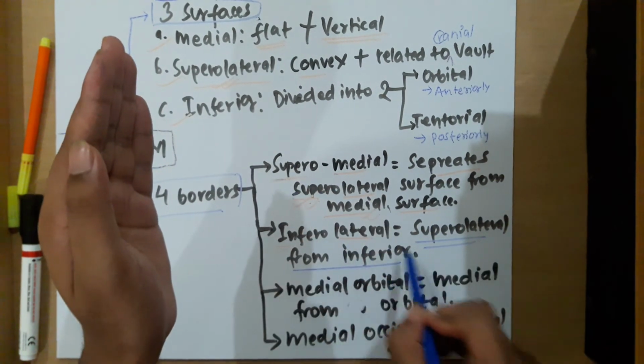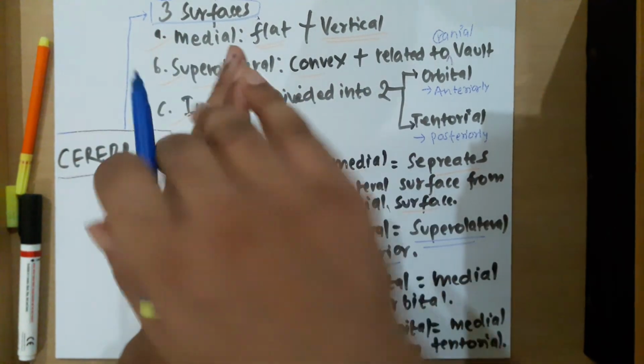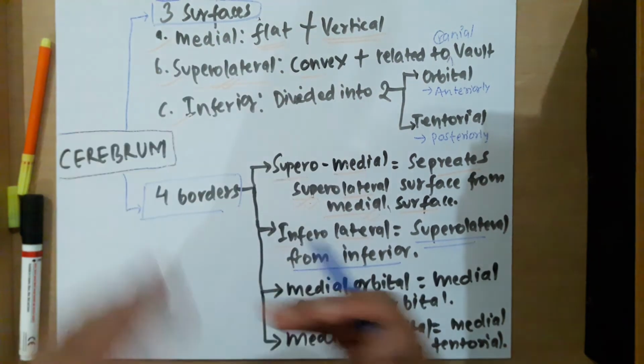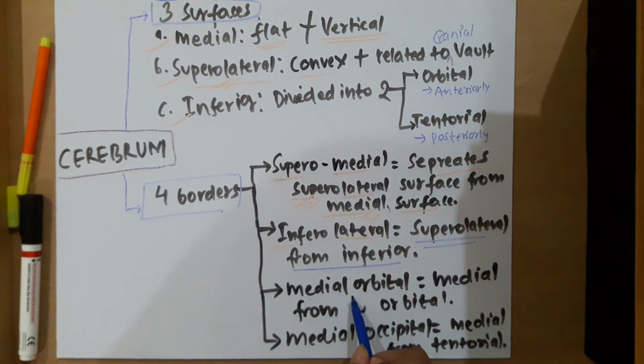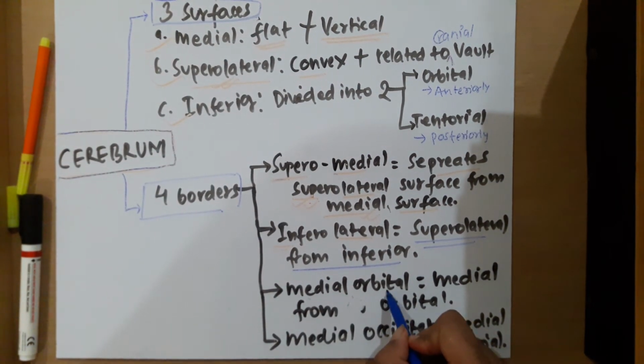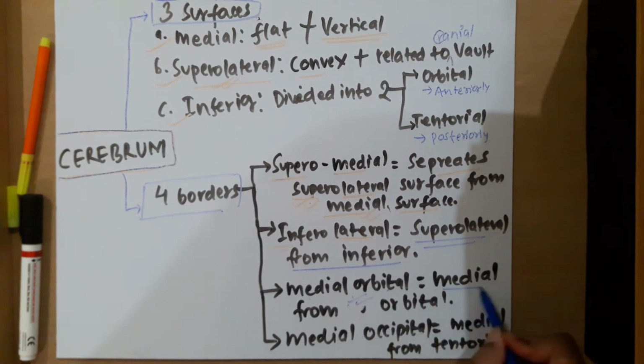Opposite of superomedial is the inferolateral border, which separates the superolateral surface from the inferior surface. The medial orbital border separates the medial surface from the orbital surface, and the medial occipital border separates the medial surface from the tentorial surface.